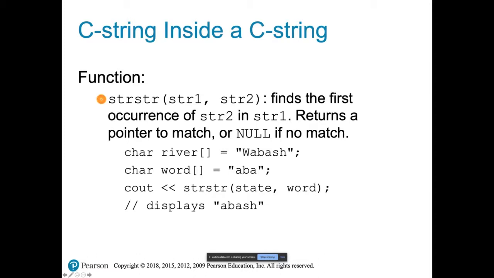So it's going to start here and display this information out. ABASH will be displayed because of the pointing here. Hey, we found the occurrence of it at the beginning, so here it is. If it doesn't find it, it returns back a null saying, I didn't find it.